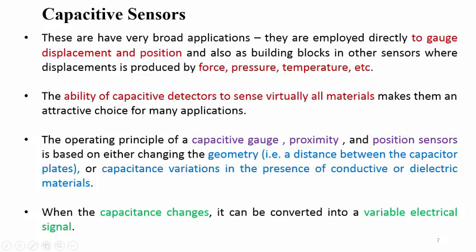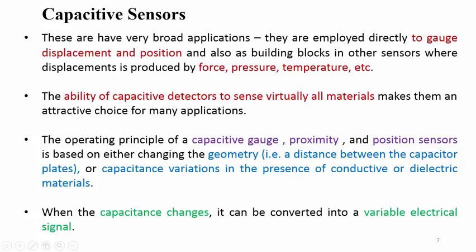Okay, so the capacitive gauge, proximity and position sensor is based on either changing the geometry, that is the distance between the capacitor plates. The typical arrangement of the capacitor you know very well. In between the two plates of the capacitor you will find the dielectric material, and depending on the dielectric material we get different capacitance values.